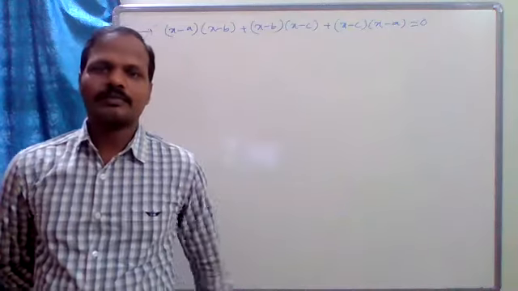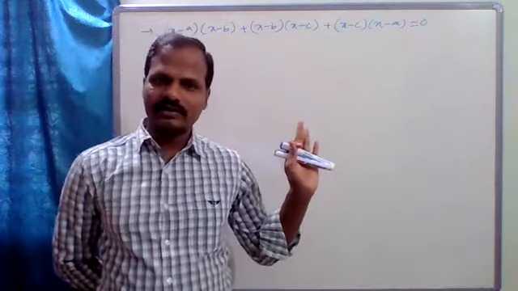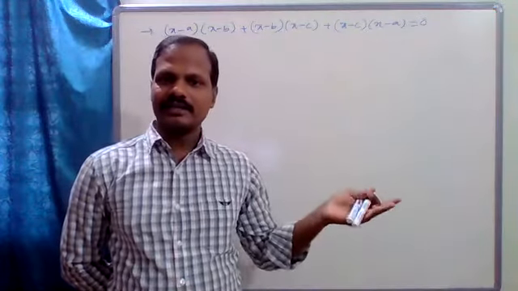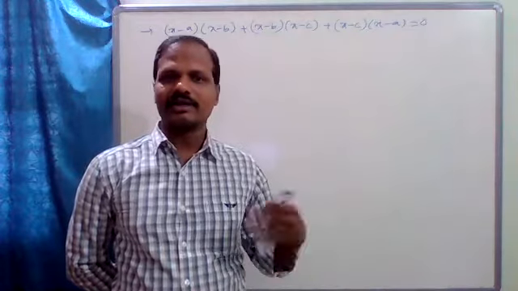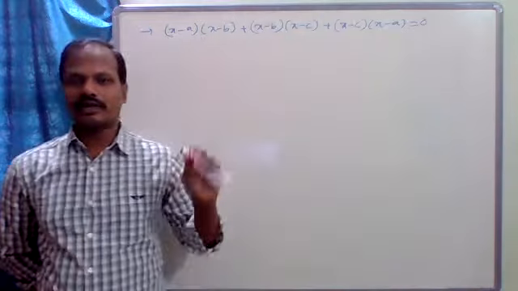Anybody? So that means what we have to find is whether the roots are real and distinct, or imaginary roots, or real and equal, or rational roots. Okay? That's what we have to calculate.